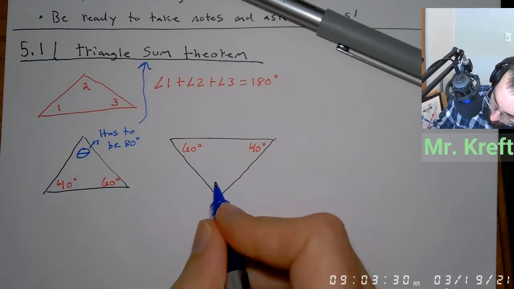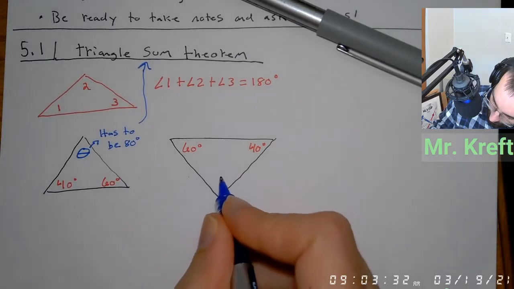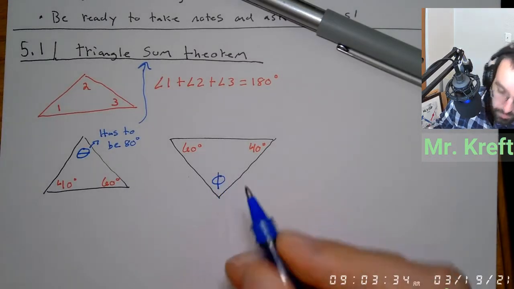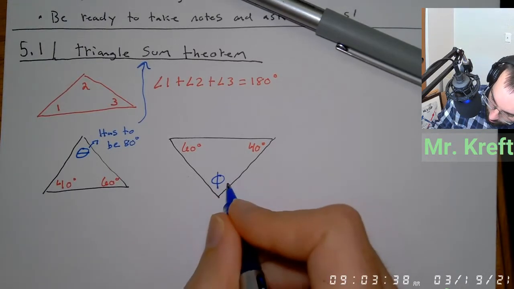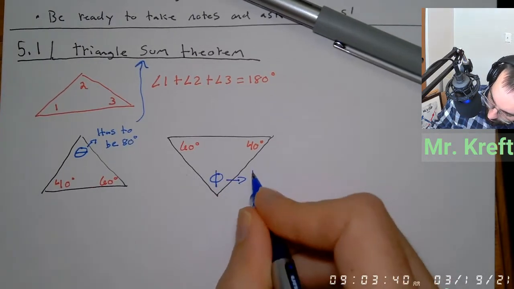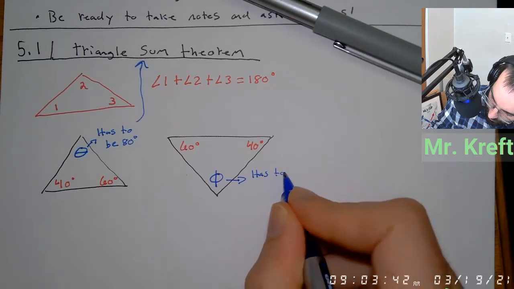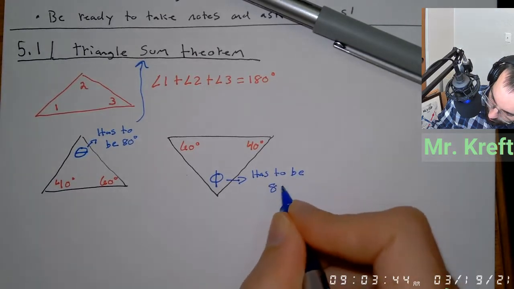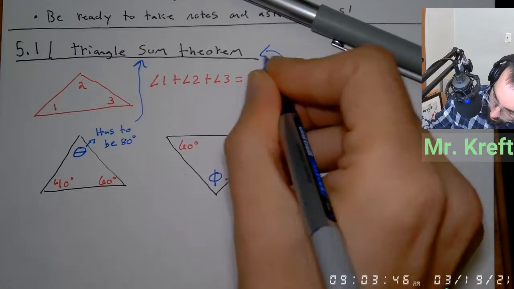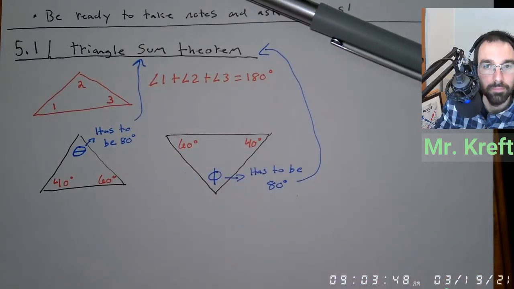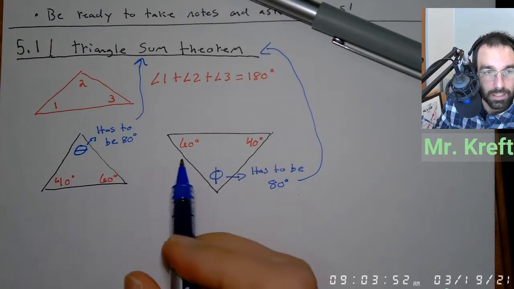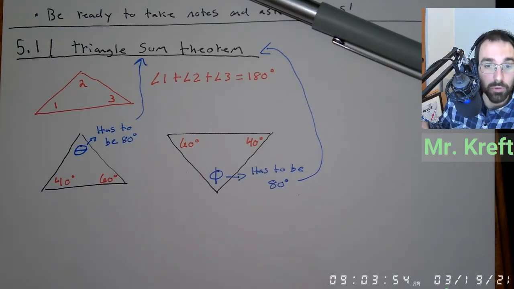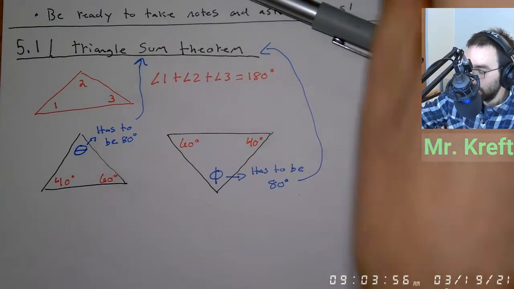So now if I were to look over here at, say, angle phi, this one would also have to be 80 degrees. And that's also because of the triangle sum theorem. Okay. So both of those have to be 80, right? And that's just using the thing that we've already been doing.